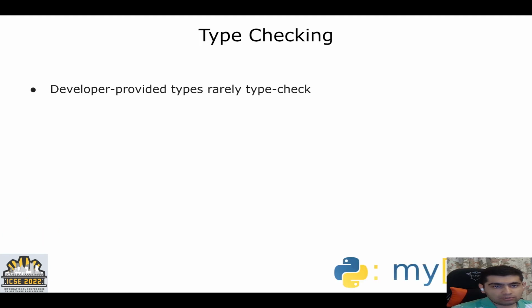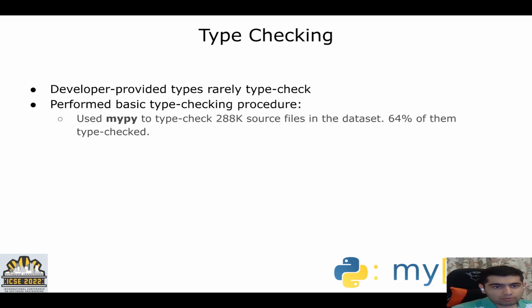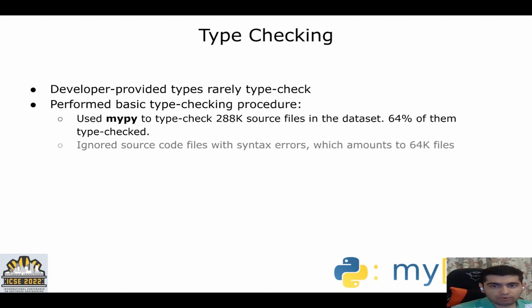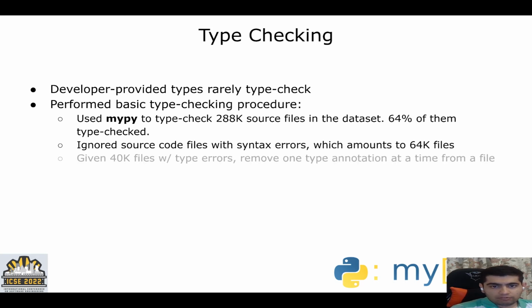Research has shown that developer-provided types rarely type check, so we performed type checking to have a valid guarantee for both training and evaluation. The type checking procedure is explained as follows. First, we apply MyPy to type check the source code files in the dataset. 60% of files type check initially, and we ignored source code files with syntax errors, which amounts to 64K source code files.